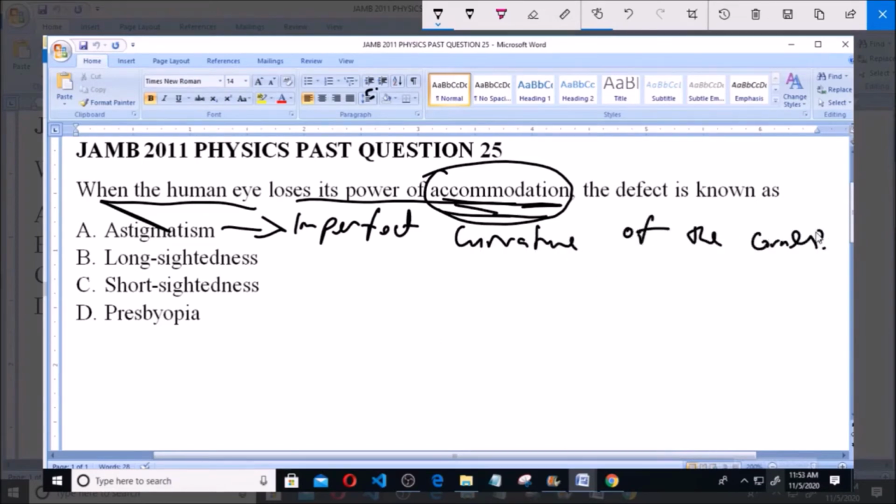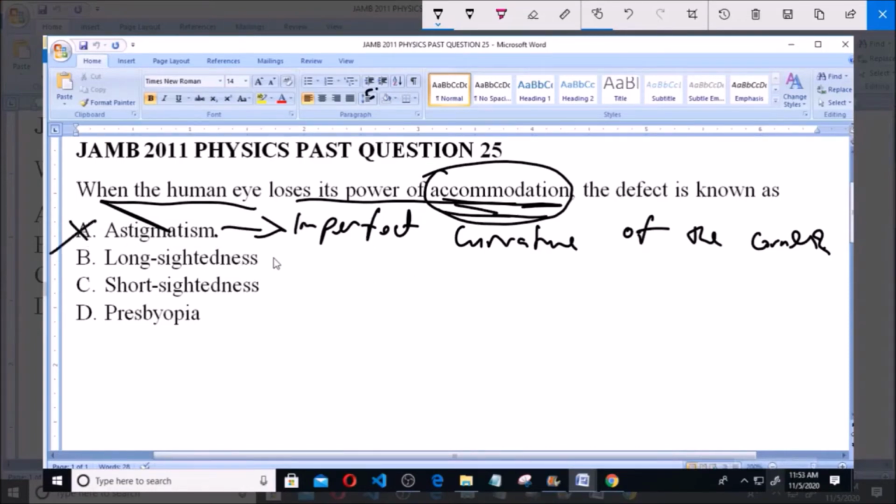Now, because the cornea is not perfectly curved, the light rays are not able to be converged as required within the eye or focused as required on the retina. So this imperfect curvature of the cornea is known as astigmatism, and as you can see here, it's not what is described in the question, so it is not the answer to this question.